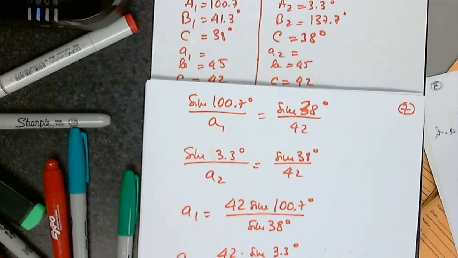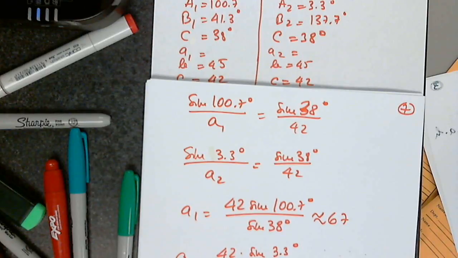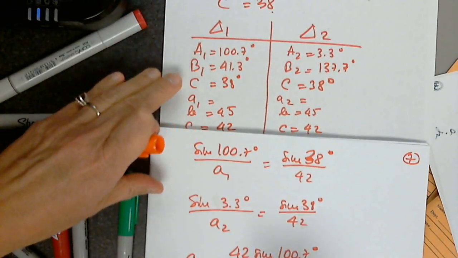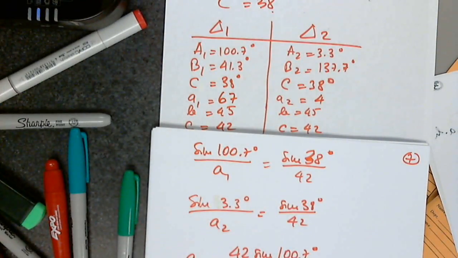So, lowercase a1 is approximately 67. Lowercase a2 is approximately 4. So now I go back to my calculations, and I write here 67, and I write here 4. So I determined two triangles. I shouldn't say completely different, they still have some common elements, but they are two different triangles.